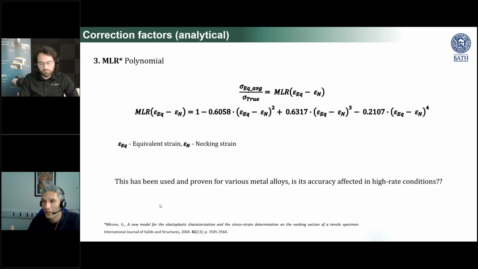Therefore, once we know this difference for a different state of deformation, we can work out the ratio between equivalent stress and true stress. This has been proven for various metal alloys. The question is, is it affected by high strain rate conditions? Does it still work, and how accurate is it at high strain rate conditions?